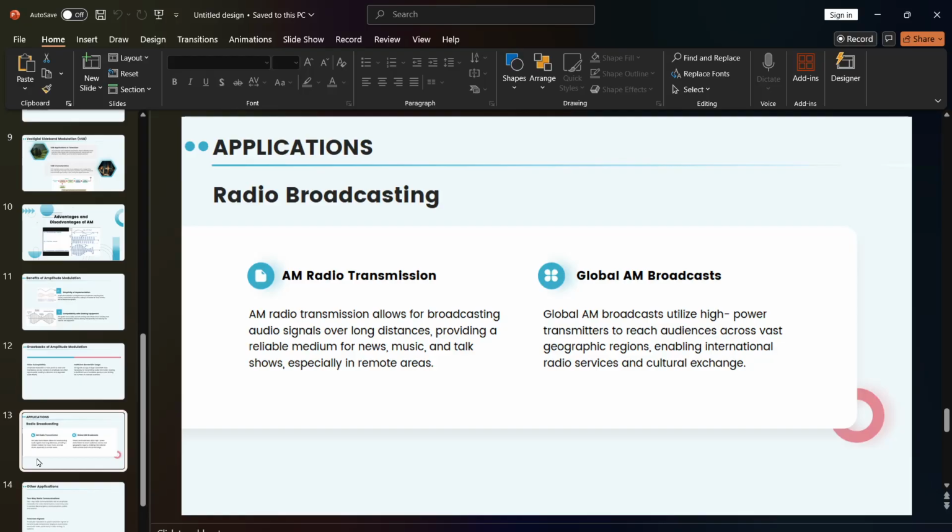In radio broadcasting, AM radio transmission allows for broadcasting audio signals over long distances, providing a reliable medium for news, music, and talk shows, especially in remote areas. And global AM broadcasts utilize high power transmitters to reach audiences across vast geographic regions, enabling international radio services and cultural exchange.